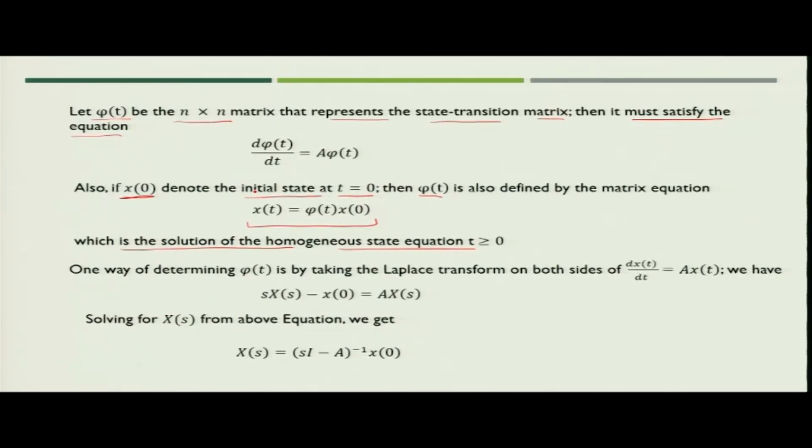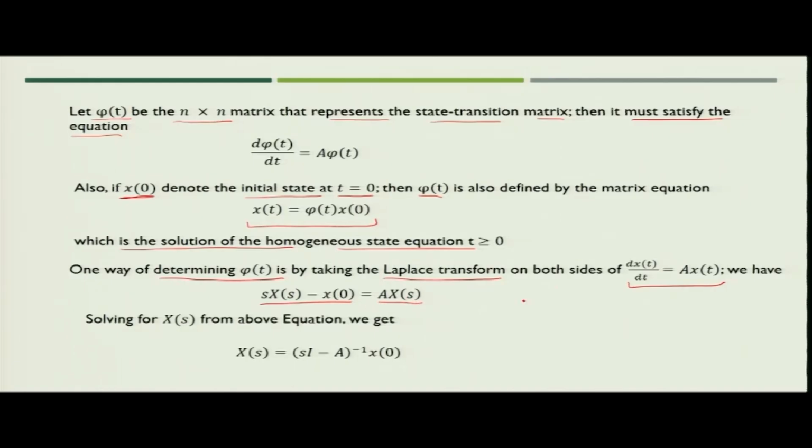So, what we will do: the value of phi(t) can be determined by taking the Laplace transform on both sides of the homogeneous equation we have got, that is dx/dt equal to A x(t). When you take the Laplace transform on both sides, what can you write? For this side you can write s X(s) minus x at time t equal to 0 is equal to A X(s).